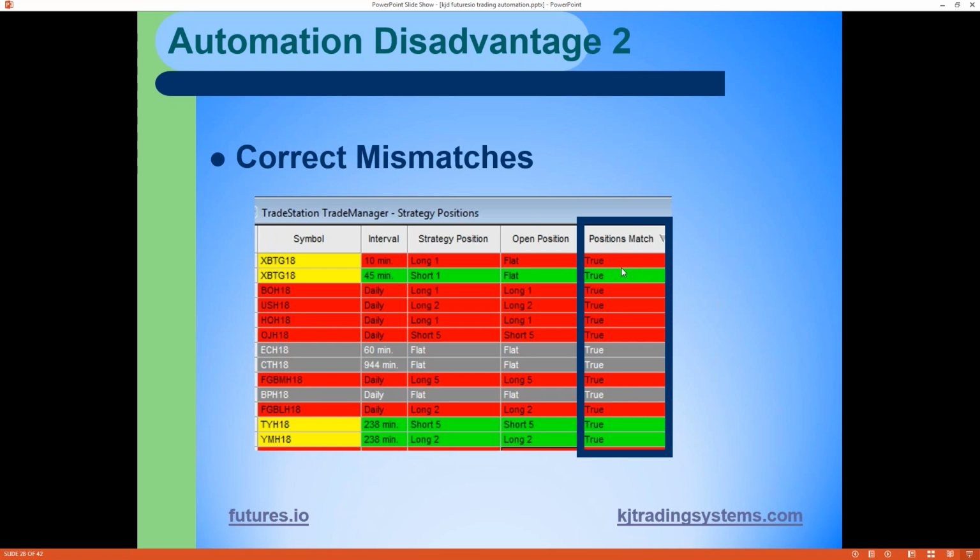An order doesn't get sent, something doesn't get filled, and sometimes I can figure out why, sometimes I can't. But the thing is, mismatches occur, and you've got to be able to quickly recognize it and correct it. It doesn't do any good for you to come back 2 days later and say, ooh, I should have been long the Bitcoin futures and I was short. Oh man.